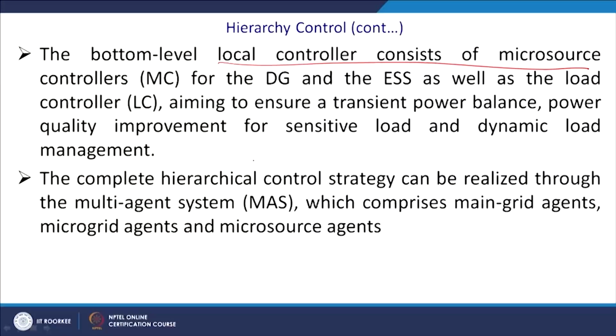So, that will ensure the transient power balance, and it improves the power quality problem and the dynamic load management. The complete hierarchical control strategy can be realized through the multi-agent system, which in abbreviation we say is MAS, which comprises the main grid agents, microgrid agents and the micro source agents.